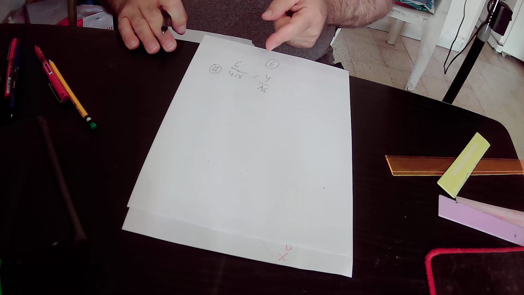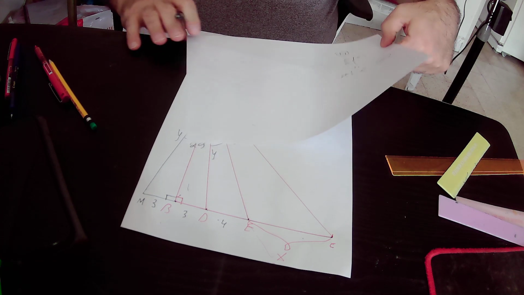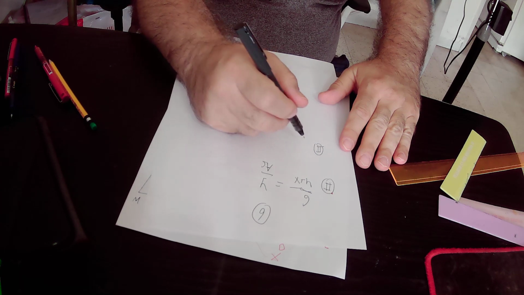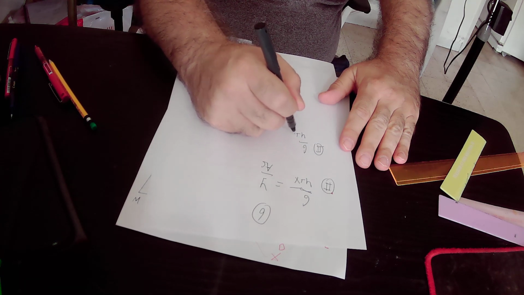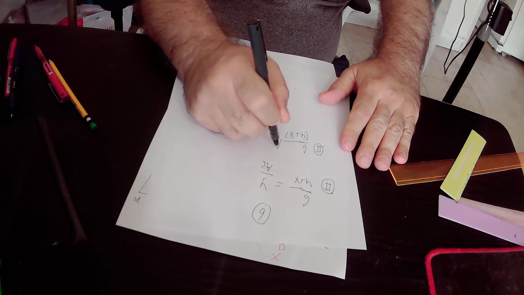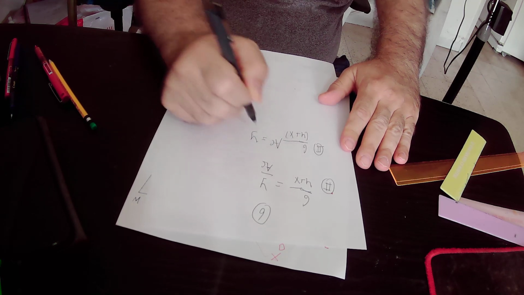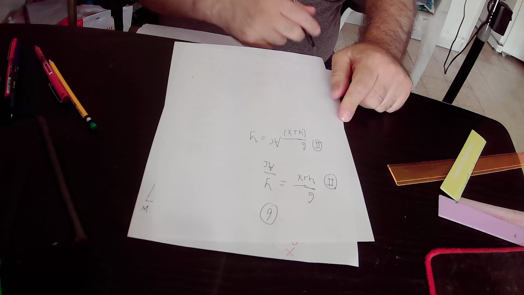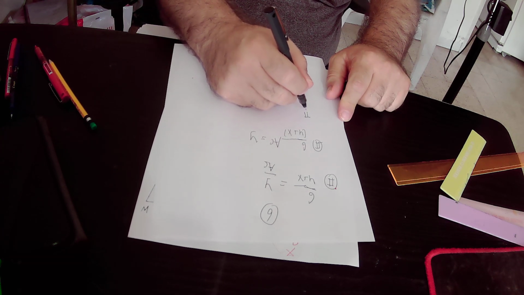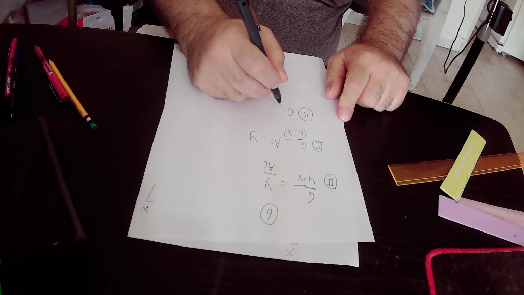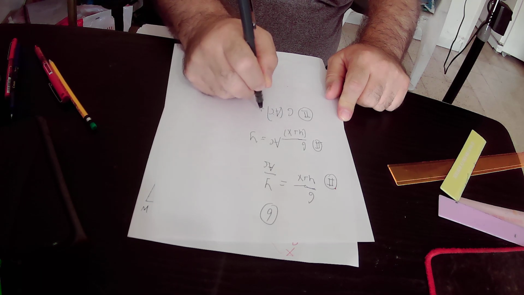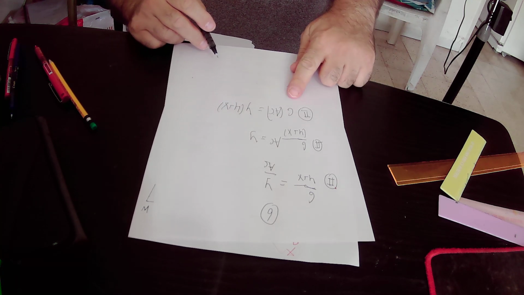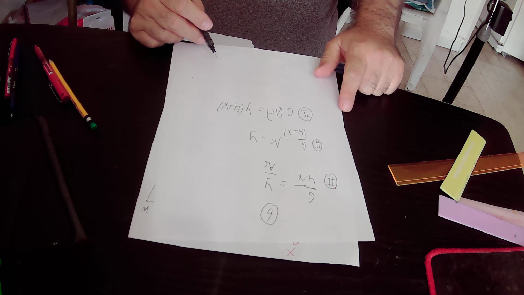Here we will multiply this equality by AC, and we will get that 6 over 4 plus X times AC equals Y. Then we multiply by 4 plus X, and we get that 6 times AC equals Y times 4 plus X. Here we will divide equation number 2 by 6 in order to get the value of AC.